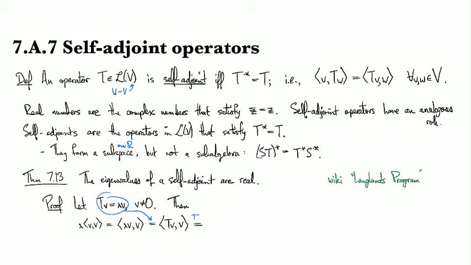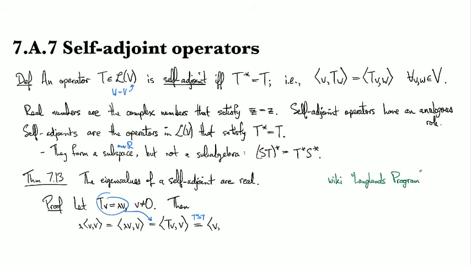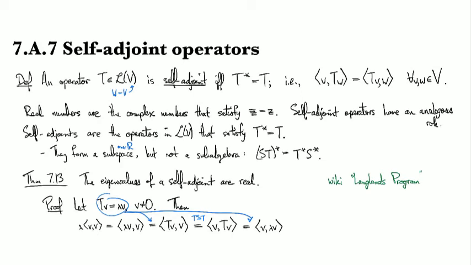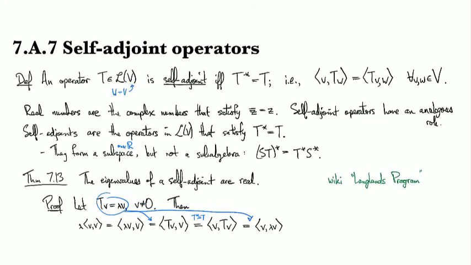By the fact that T* is equal to T, so we're assuming that this is self-adjoint, I can put the T on the other side. And then I can use the fact that we've got an eigenvalue-eigenvector pair again to translate this back into lambda. And so this is being used right here as well. And then when I pull a scalar out of the second slot, it comes with a conjugate.